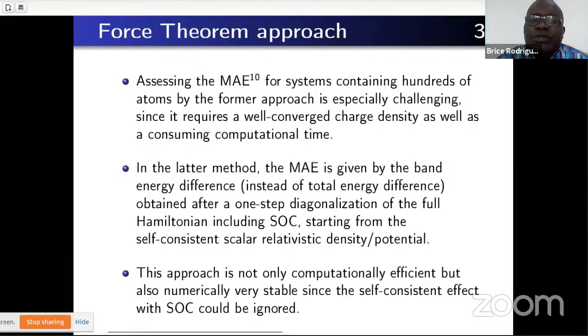In the latter method, the MAE is given by the bond energy difference obtained after a one-step diagonalization of the full Hamiltonian, including spin-orbit coupling, starting from the self-consistent scalar relativistic density potential.